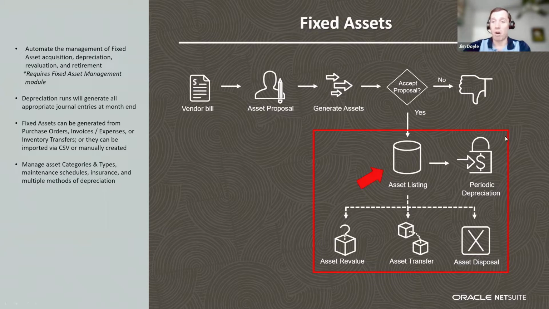And then we're going to automate our periodic depreciations. So at the end of the month, I just have to click a few buttons to generate the journal entries for all my assets. And if I need to, I can also revalue, transfer, and then when we get to that end of life or when we go to sell it, that asset disposal as well.